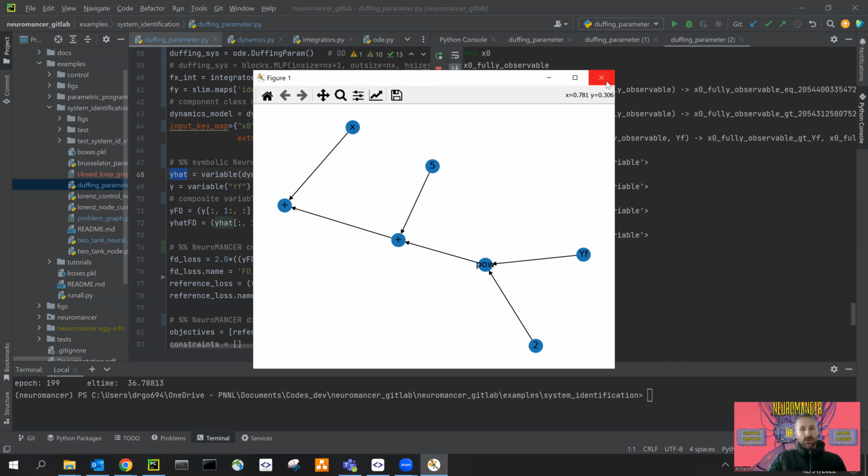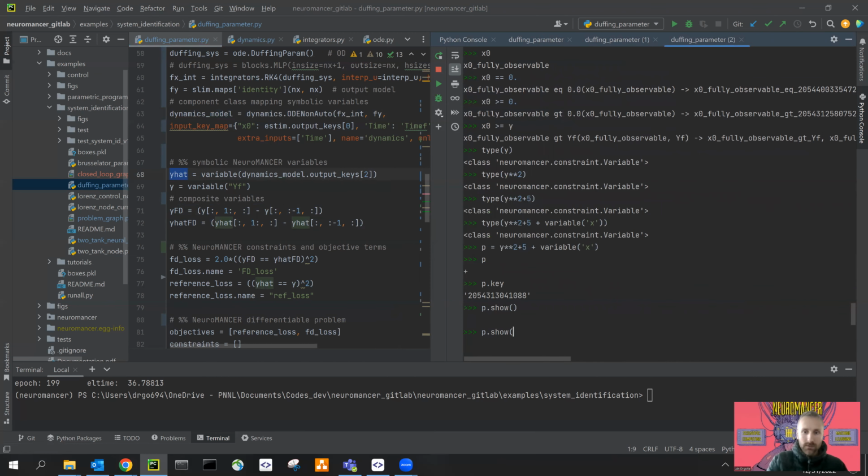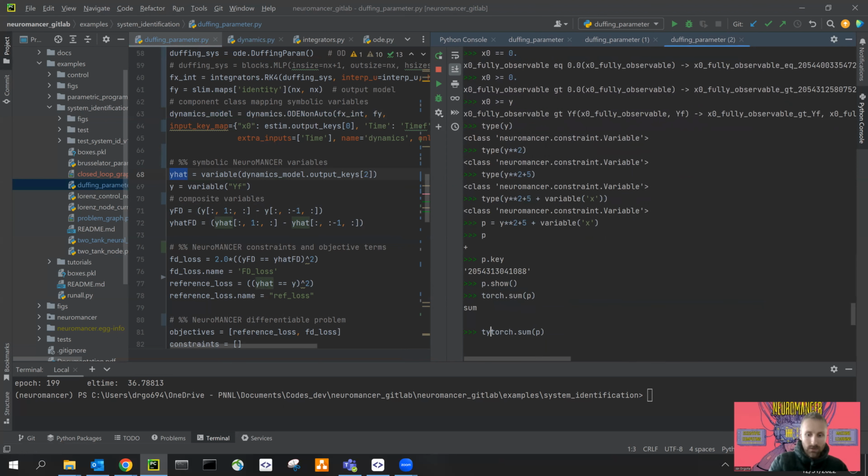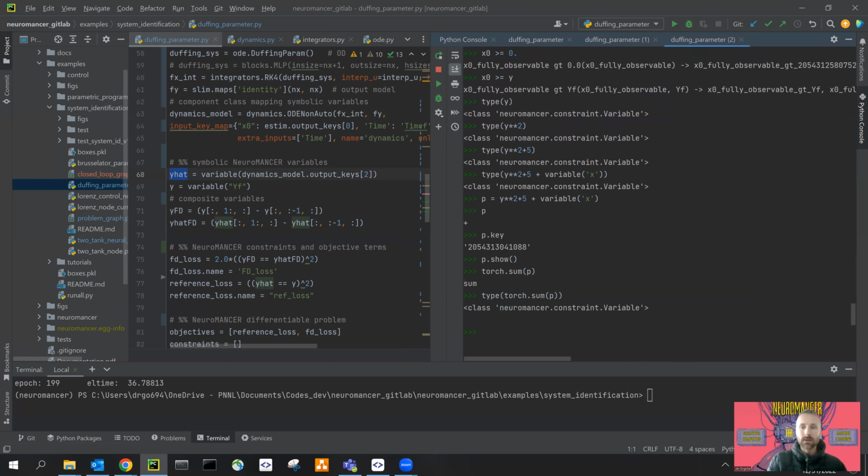and this is your variable. You can go even further and not only use this operator overload approach when you use standard operators, but you can use any PyTorch callable, like logsumexp, which creates also a NeuroMANCER variable, which is a very fancy way of creating arbitrary custom-made symbolic computational graphs with PyTorch callables.